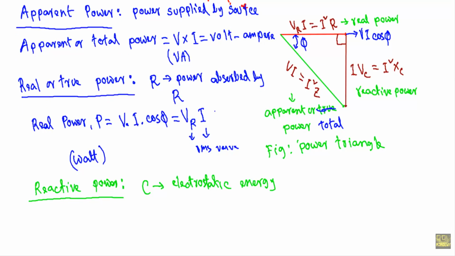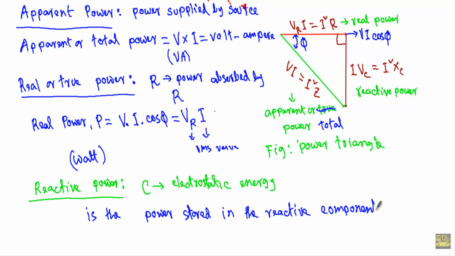Reactive power is the power stored in the reactive component of the circuit, or the inductor or capacitor in a circuit. Here we have the reactive component capacitor. Therefore I can say in the RC series circuit the power stored in the capacitor will be the reactive power.